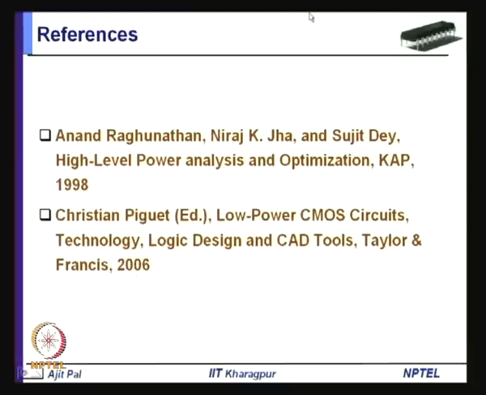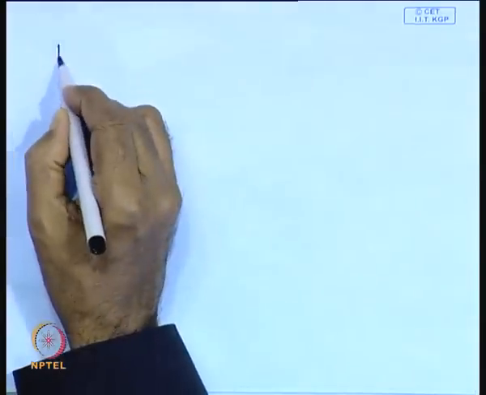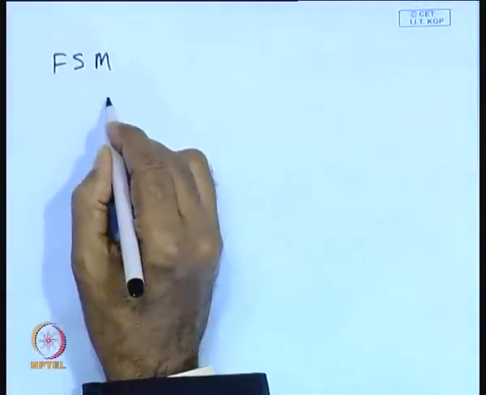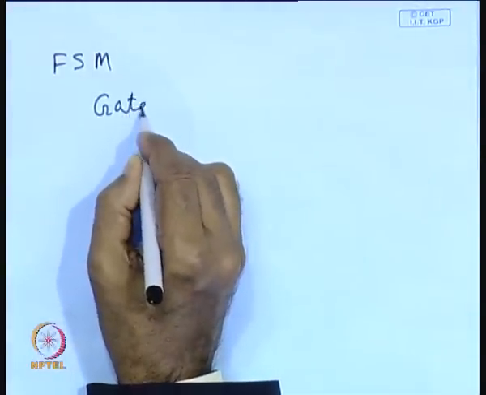I can conclude this lecture by summarizing what we have discussed today. First of all, I have discussed 3 techniques for reducing switching activity in finite state machines. The first was gated FSM.